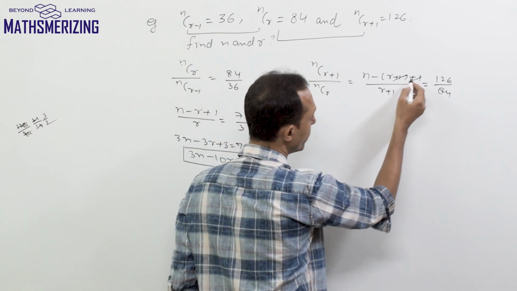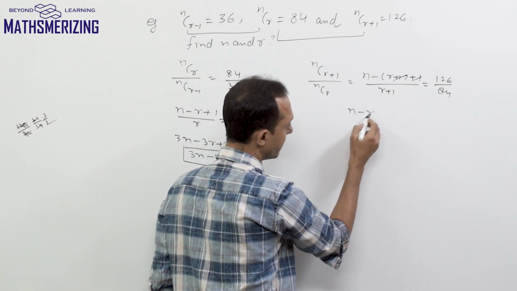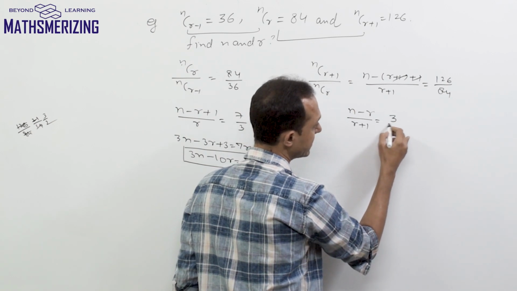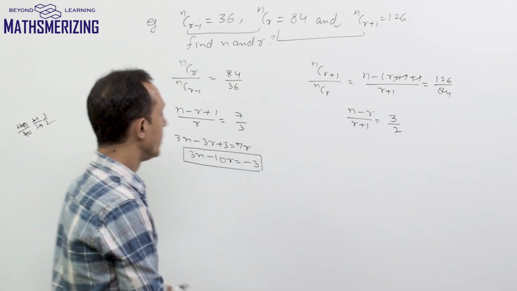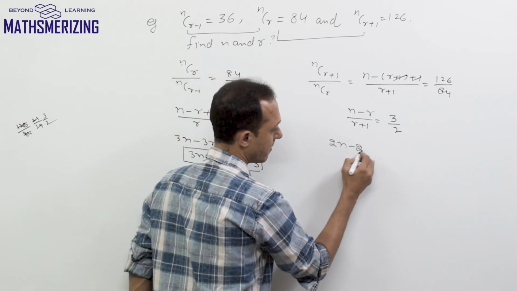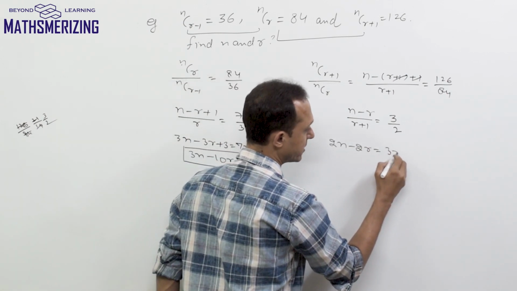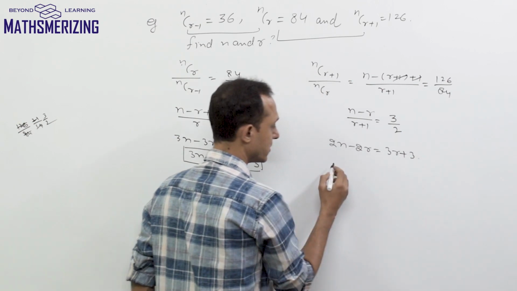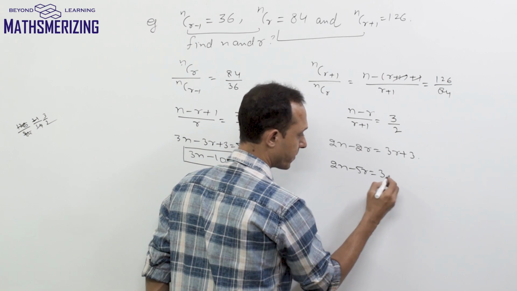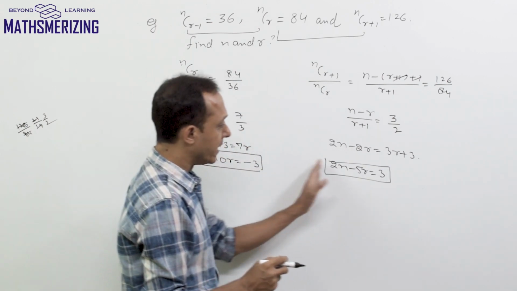So I'll cancel 1 with 1 and write n minus r upon r plus 1, and here I'll get 3 by 2. So if I multiply, I'll get 2n minus 2r equals 3r plus 3. So I'll write 2n minus 5r is simply equal to 3. So that's my second linear equation.